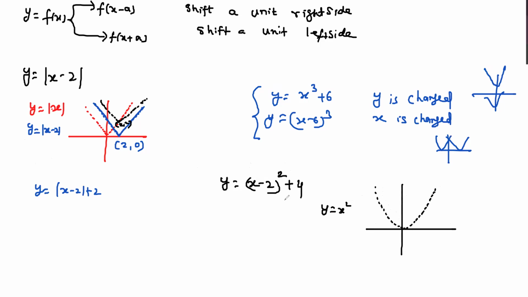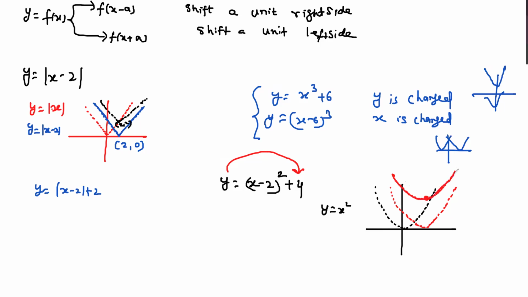X is changed with 2 unit. It means 2 unit right side. Then 4 unit change in y axis, so 4 unit upside. So this is your final graph.